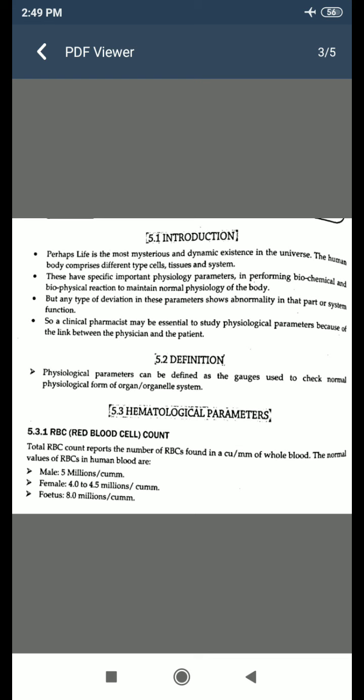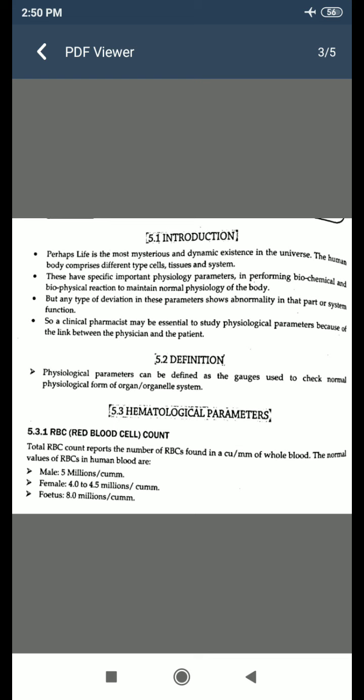Then packed cell volume, that is PCV, or hematocrit, HCT. It gives the percent by volume of packed RBCs in the whole sample after centrifugation. The normal value is male 0.4 to 0.54, female 0.37 to 0.47.